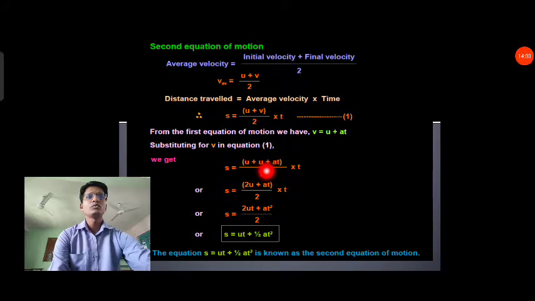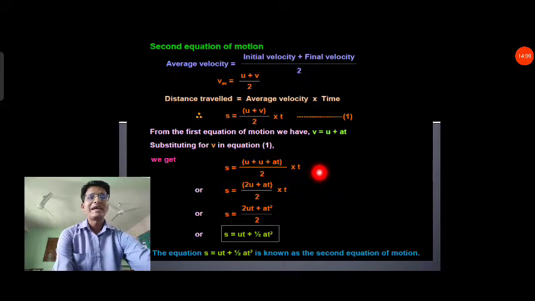So we have (2u plus at) divided by 2 into t, and we will get s is equal to (2ut plus at square) divided by 2. If you take 2 as common, the 1 by 2 goes to the at square side and the 2 comes out.